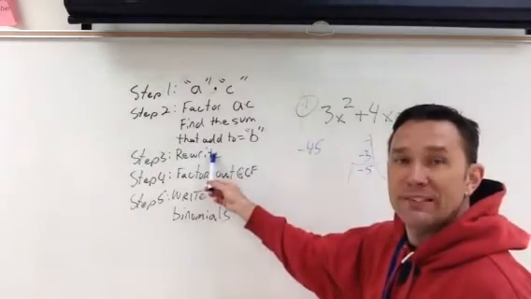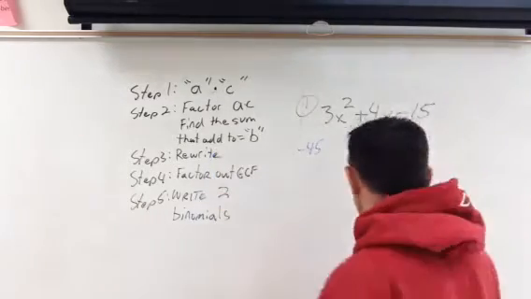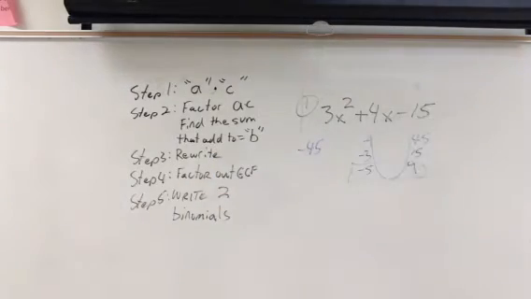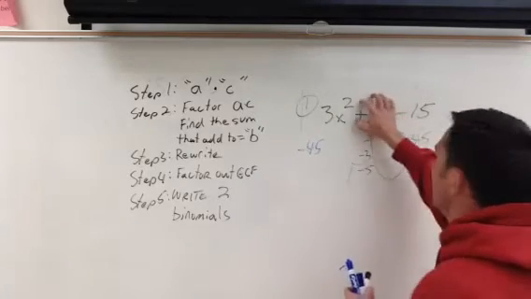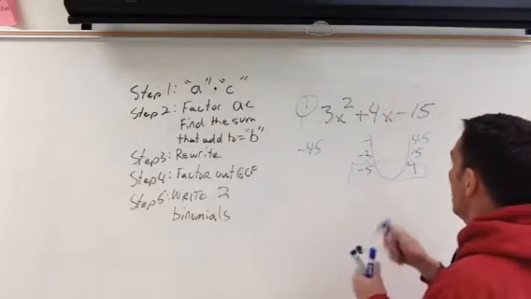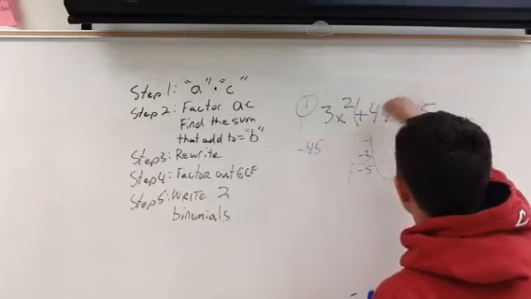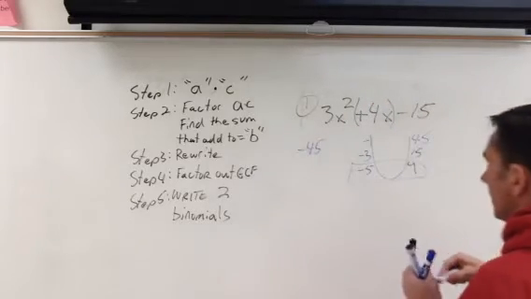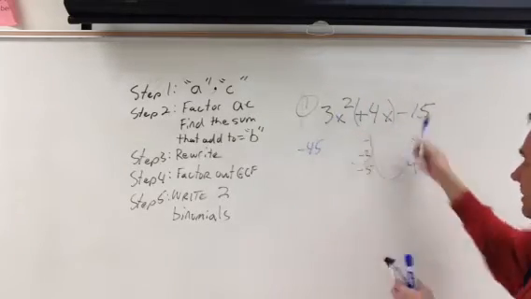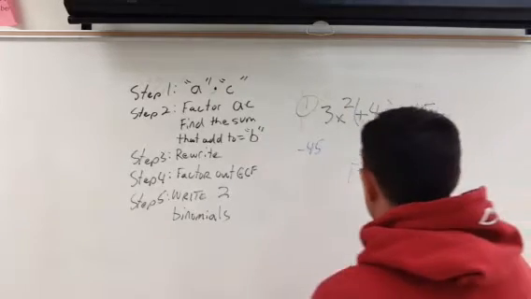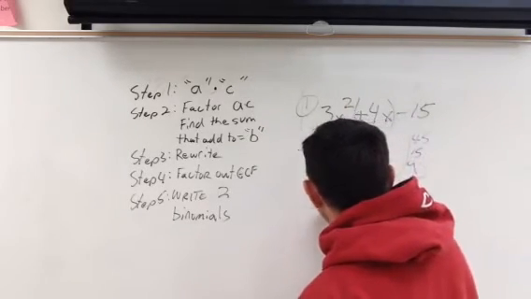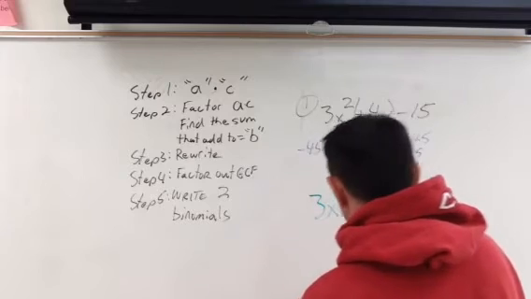Now step 3 says to rewrite. Looking at this, we're rewriting the middle term of the 4x. The a term and the c term stay the same. That's still going to be 3x squared.